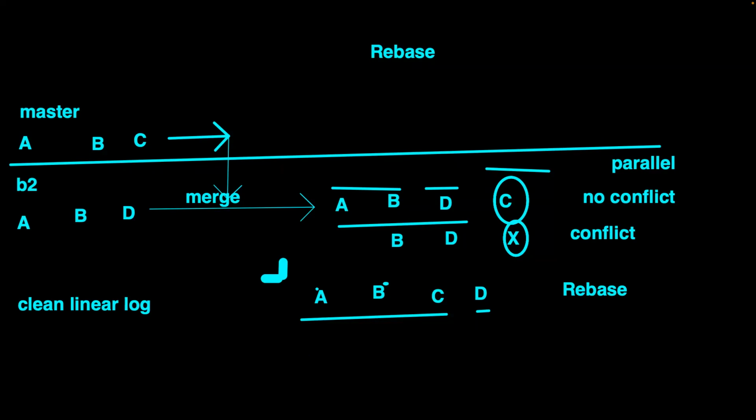Rebase is a far advanced concept. This is also a type of merge. Functionality wise the same, but it will rewrite the log history, and this should be done only for local branches. Beginners are warned about it. You should be using it very carefully.